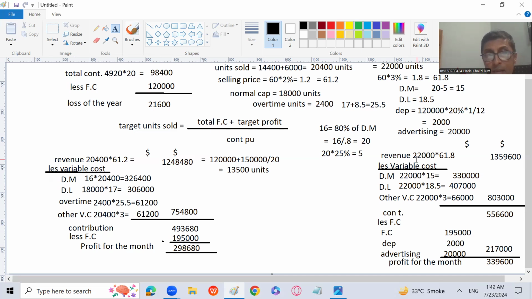Secondly, in option 2, we are having more profit. The selling price has been increased, but the sales volume has also increased. We are paying more to the direct labor, right? Already we have increased the amount of direct labor. But even with this, because of the advertising, maybe we are able to sell 22,000 units, which is basically helping us.